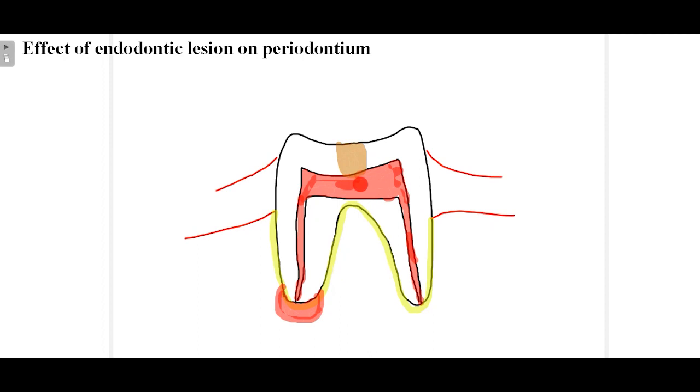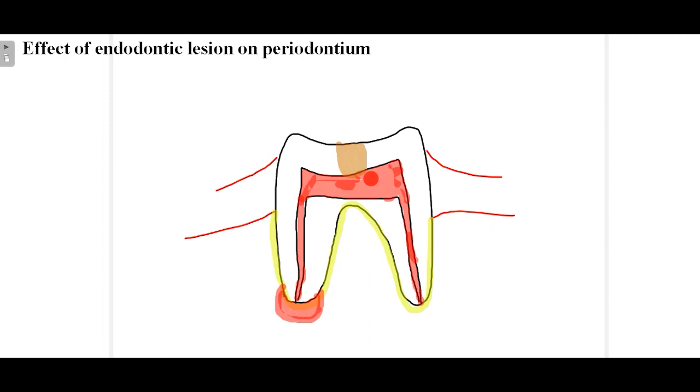Initially it's reversible pulpitis, because if the lesion is removed, pulpitis resolves. But in most cases patients do not visit the dentist when the pain is very mild and very intermittent. They normally visit the dentist when the pain is excruciating and of very long duration. So at that stage, irreversible pulpitis develops.